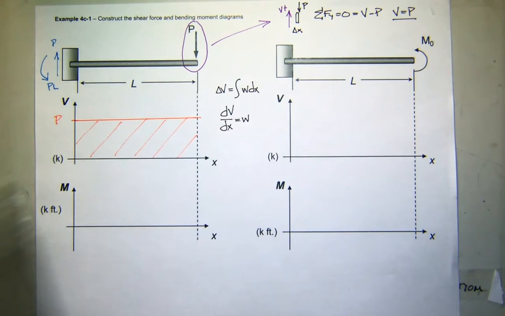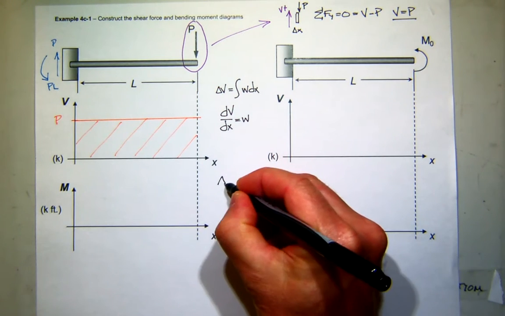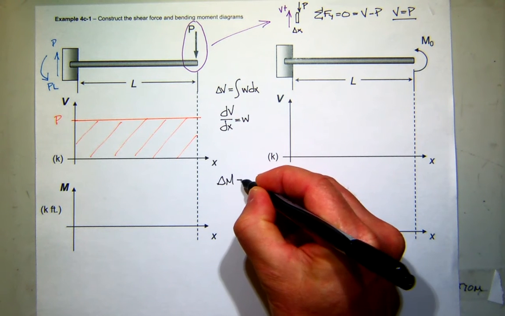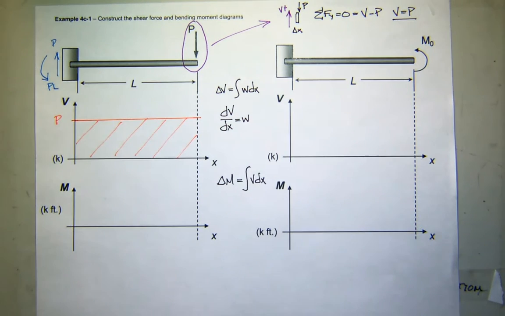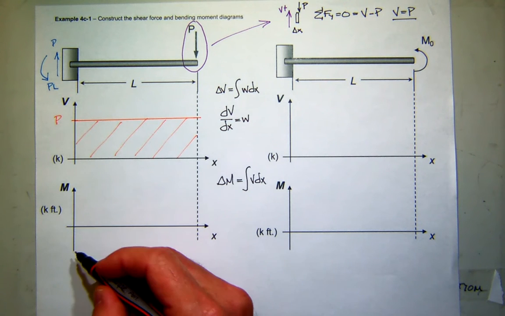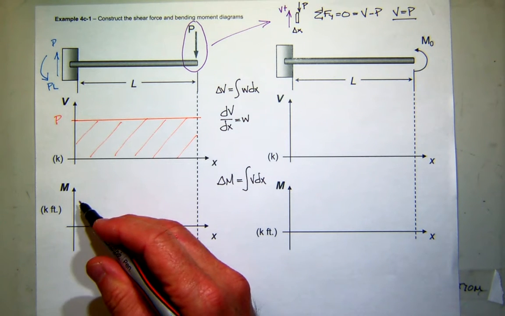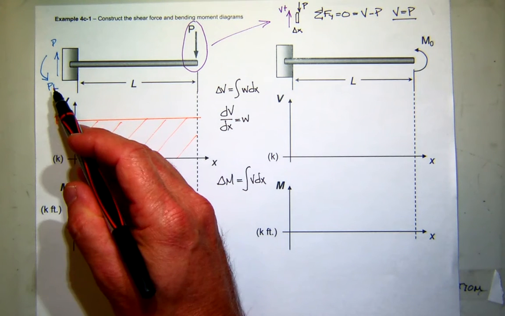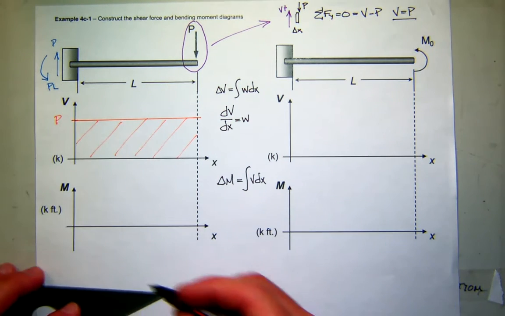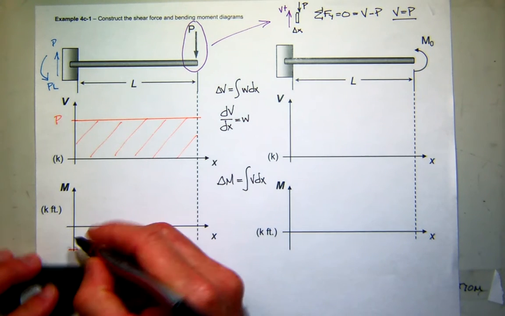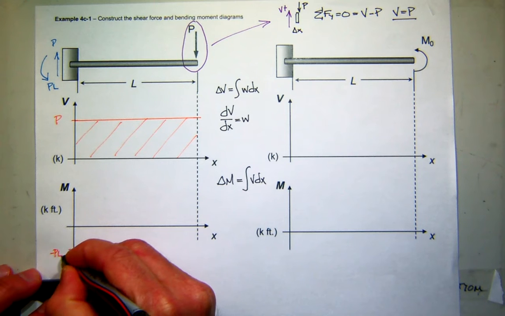So now we have what we think is a good shear diagram. We can now predict that the change in moment is the area under the shear diagram. So what is the starting value for our moment? Let's see. It looks like it's PL, and that's a positive or negative bending moment? Negative. So I'm going to start at minus PL.